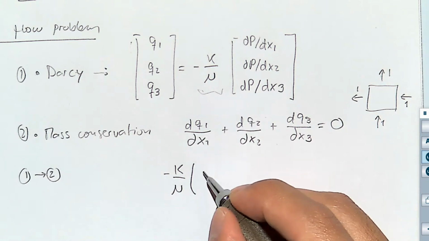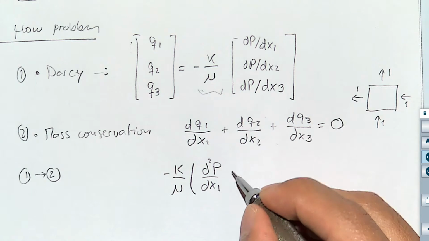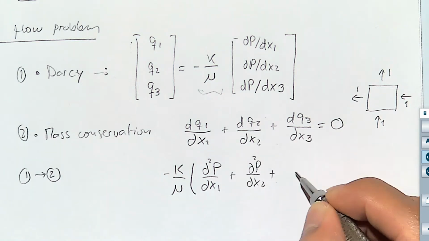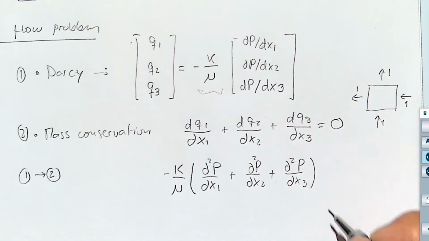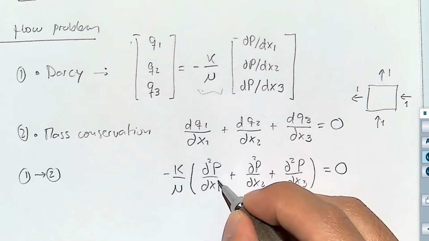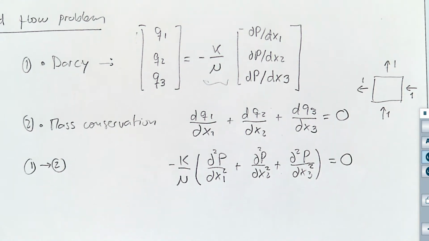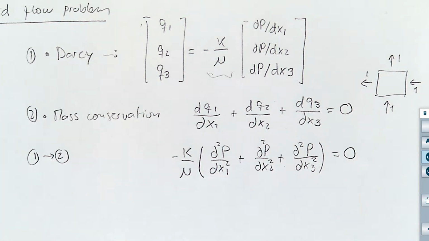And now, since I already have a derivative, this is going to be the second derivative of p in direction 1, second derivative of p in direction 2, second derivative of p in direction 3, and all of that is going to be equal to 0. And you're going to solve this equation in Reservoir 3, and you're also going to add the part of multi-phase fluid flow and also unsteady state conditions.